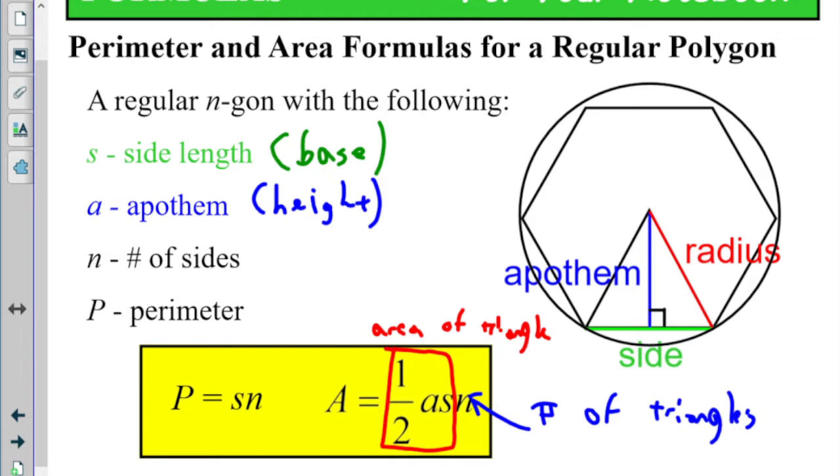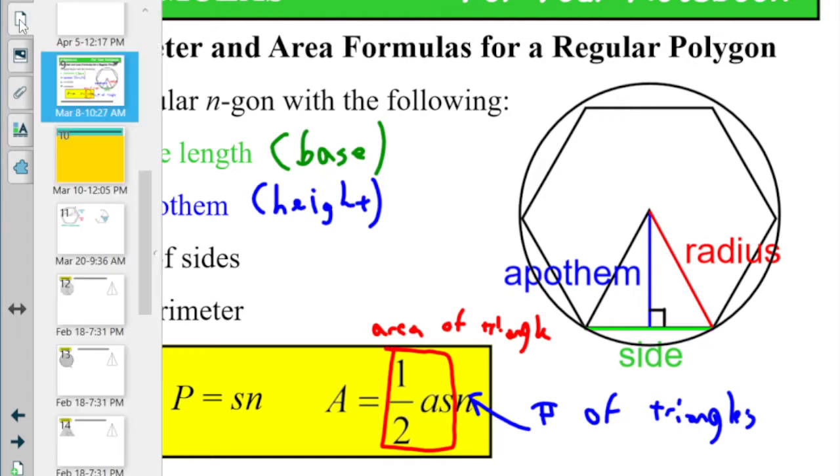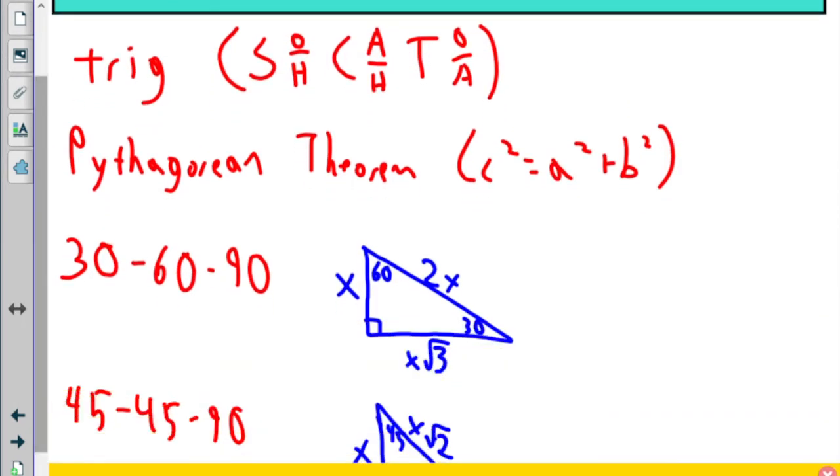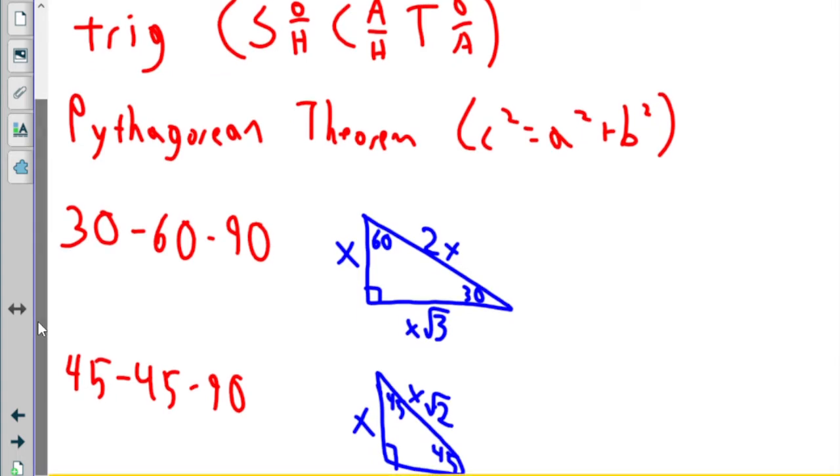Now, the thing that's going to happen is that we have these pieces that we aren't going to know. Since this is a triangle, we're going to call back some of our old friends: our trig, our Pythagorean theorem, and our 30, 60, 90 and 45, 45, 90 patterns. Most of the time, you're going to see sine, cosine, and tangent get used to solve for whatever's missing.